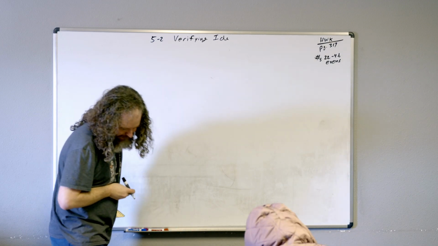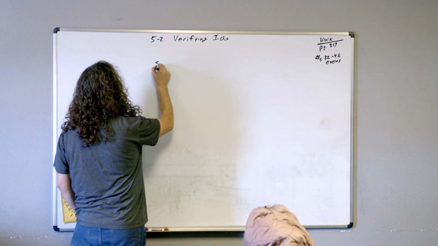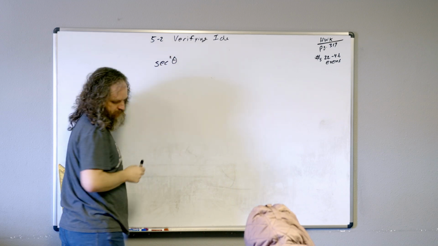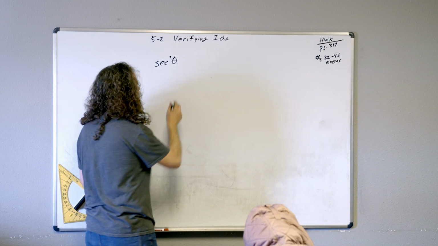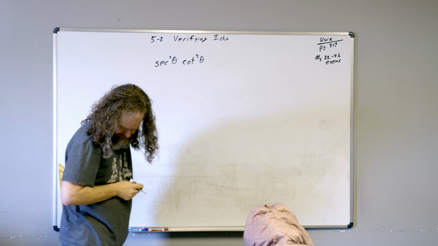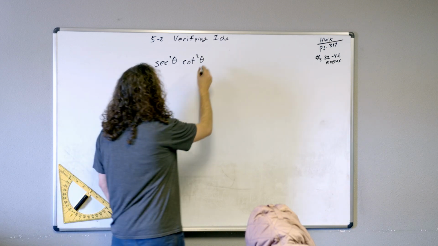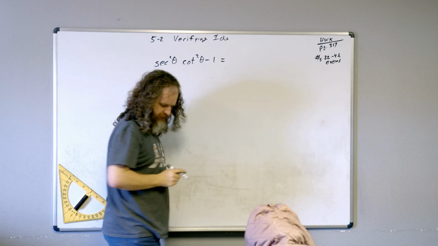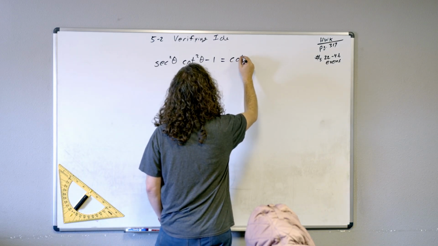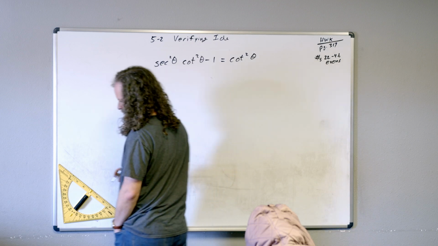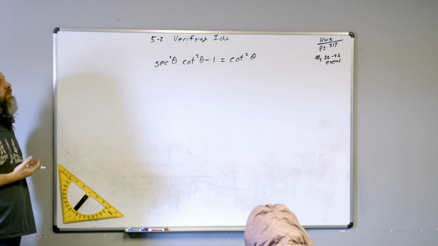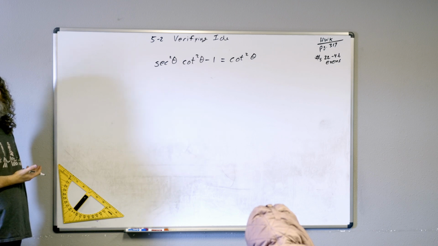We're going to verify that secant squared theta times cotangent squared theta minus 1 equals cotangent squared theta. We're using identities to manipulate this, but we have a specific end goal.